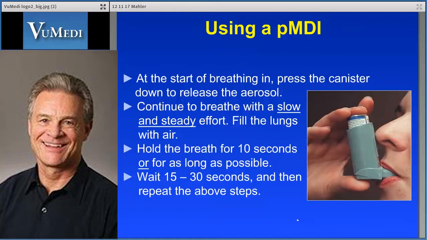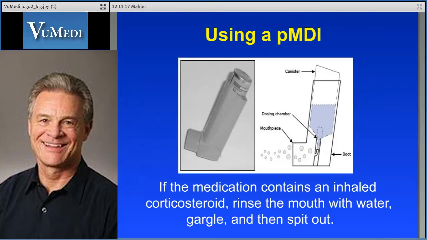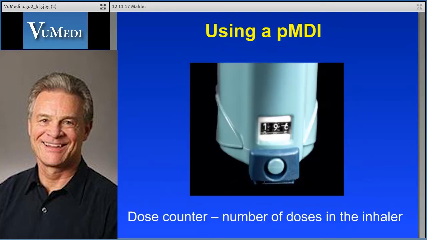Wait 15 to 30 seconds, and then repeat the above steps. If the medication contains an inhaled corticosteroid, rinse the mouth with water, gargle, and then spit out the water. Some metered-dose inhalers contain a dose counter demonstrating the number of doses in the inhaler.